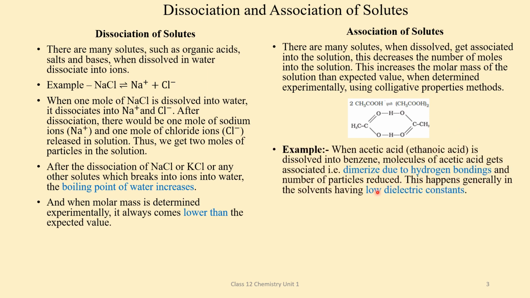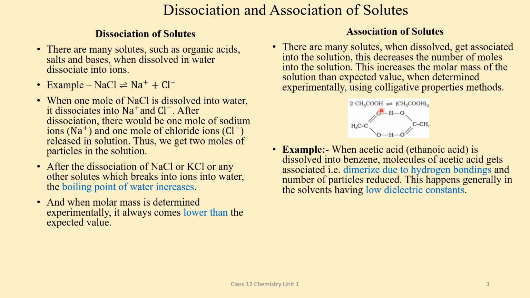For an example, acetic acid, that is ethanoic acid, is dissolved in benzene. Molecules of acetic acid get associated or dimerized due to hydrogen bondings, and the number of particles is reduced.